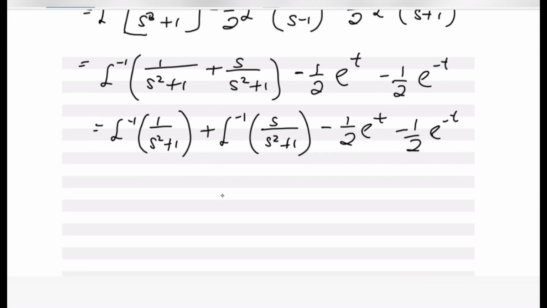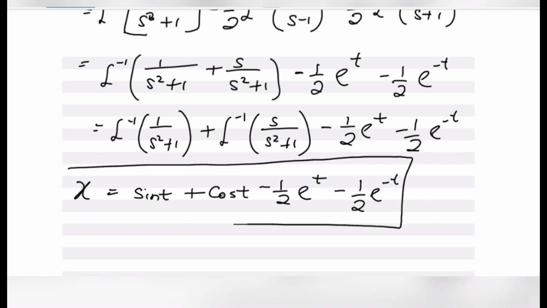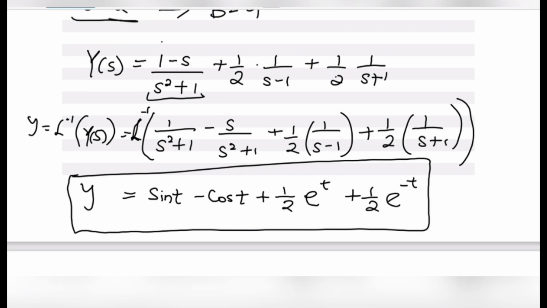And finally, our x is just going to give us sine t plus cos t minus 1/2 exponential t minus 1/2 exponential negative t. And this is the value of your x, this is the value of your y.